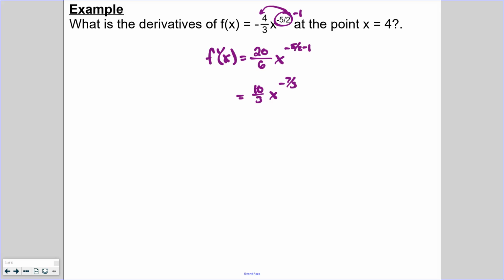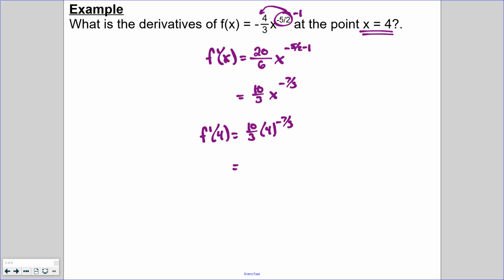So there's our derivative, but we don't want to find the general derivative. We're looking for the derivative at a specific point. So we're trying to find f prime of 4, which means we just need to plug 4 in for x. And then from here, I'm going to use my handy-dandy calculator to do the heavy lifting for me.